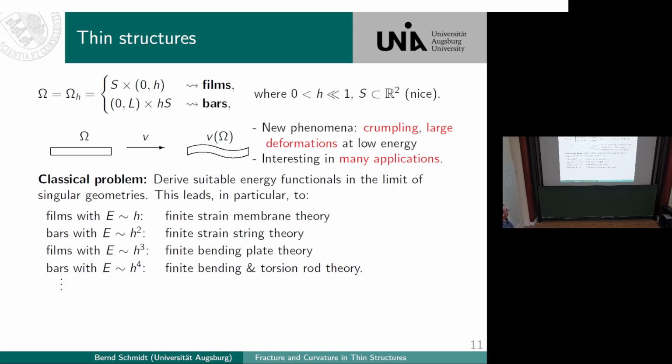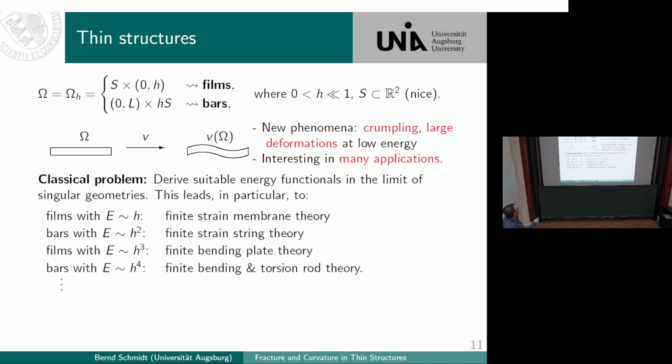Now, this has been well studied for many years now. What you want to do is relate the nonlinear elasticity function I had on the last slide to some reduced energies, which as their variables only take the in-plane variables here, or say the one direction of the rod.